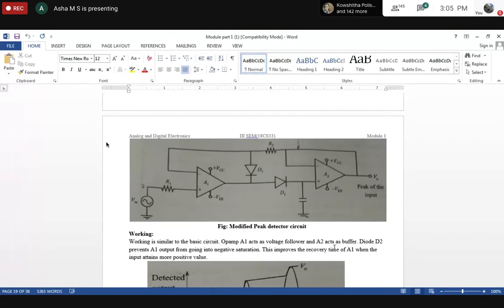Whatever output we obtain from a circuit will normally be connected to some load.